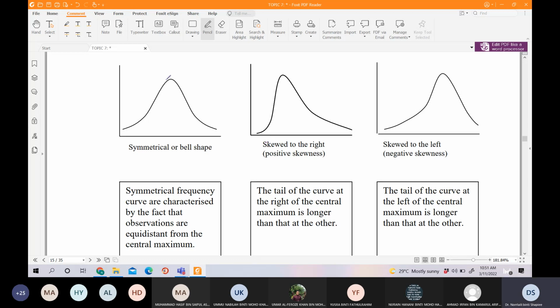When we say bell shape, the left side and the right side are equal. So that's why they are equidistant from the central maximum. Skewed to the right means that this is the positive skewness; the right of the central maximum is longer than the other. So this one is skewed to the right. So this one is skewed to the left.